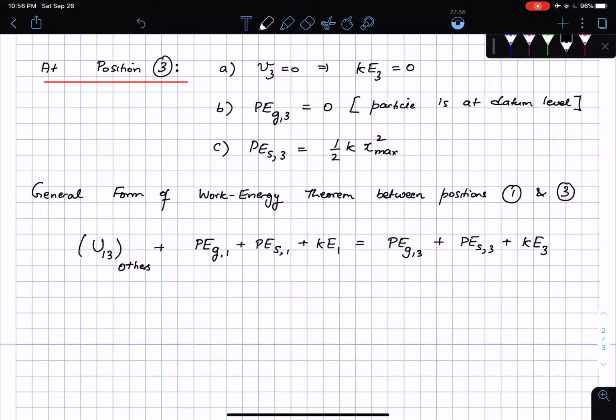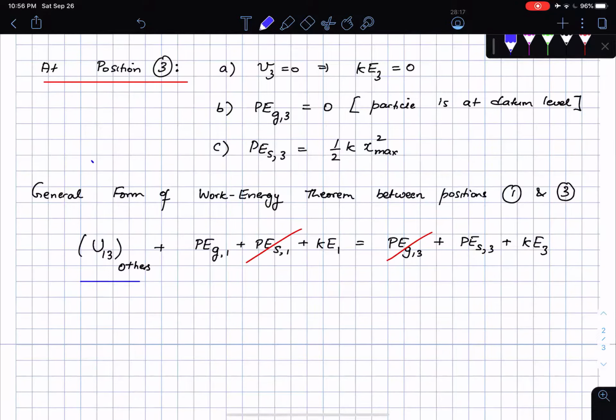And then I know that the potential energy due to spring at position 1 is 0, and the potential energy due to gravity and kinetic energy at position 3 are 0. So I can get rid of some of these terms. This is gone, and this is gone. The big thing is this term here, U13. This is due to friction.